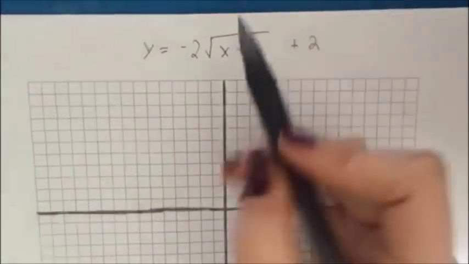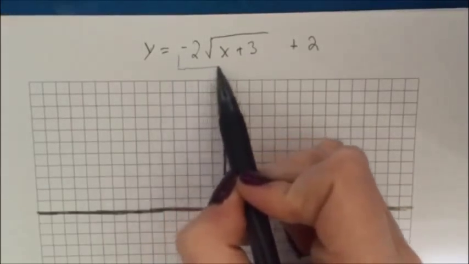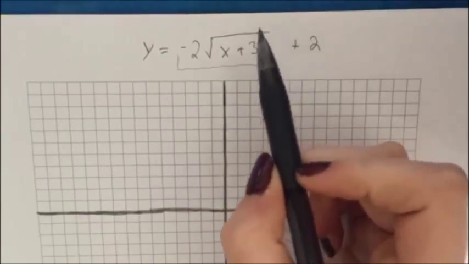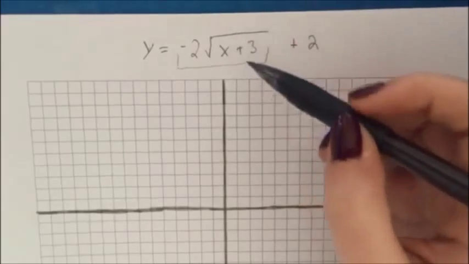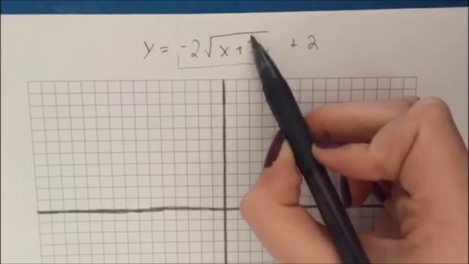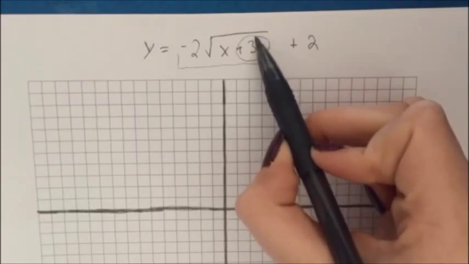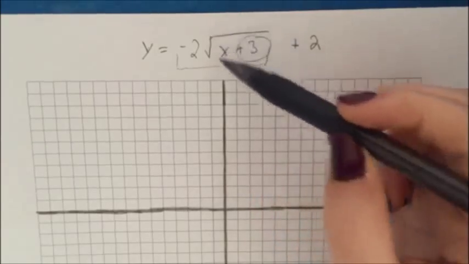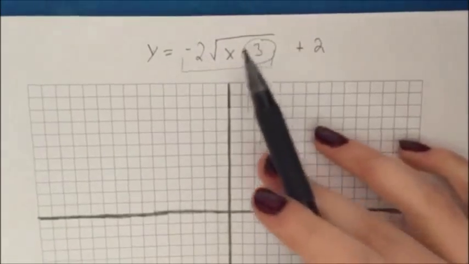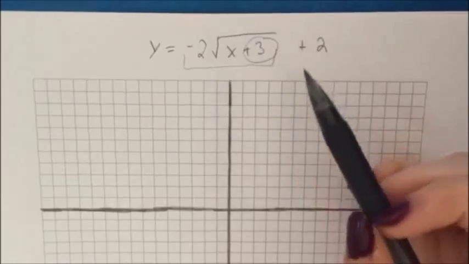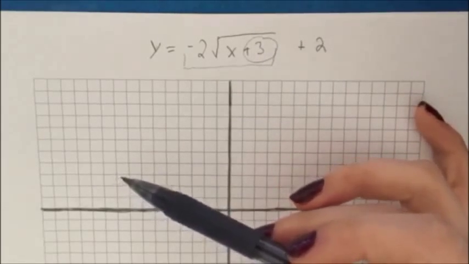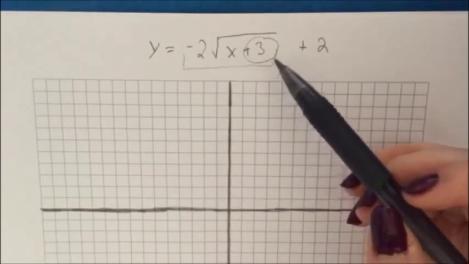So the first thing that we need to look at is what is directly affecting the x value. I'm going to start with this plus 3. This indicates that the entire graph will shift 3 to the left because it is the opposite.